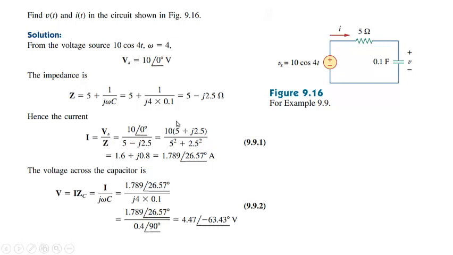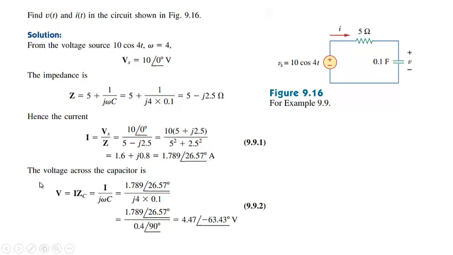We can calculate its magnitude as well. Actually, this is the rationalization of this: multiply by 5 plus j2.5 divided by 5 plus j2.5, which gives 5 square plus 2.5 square in the denominator. So after doing all the manipulation, this comes out to be 1.6 plus j0.8, which in polar form is 1.789 at an angle of 26.57 degrees.